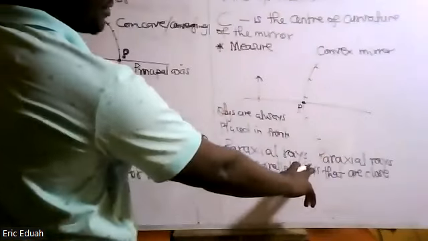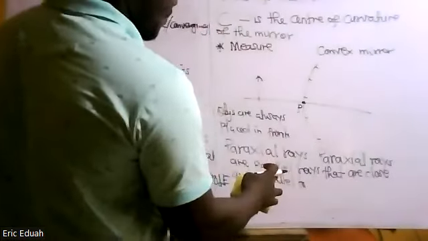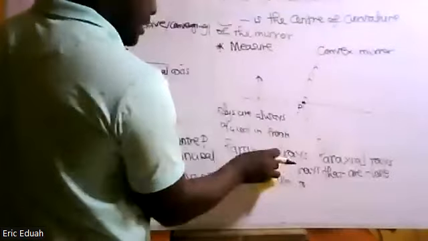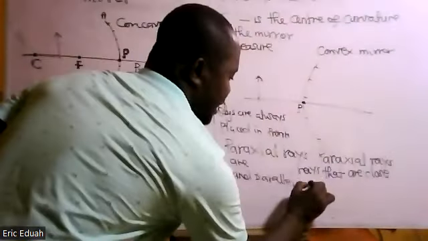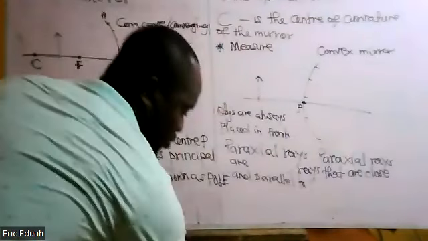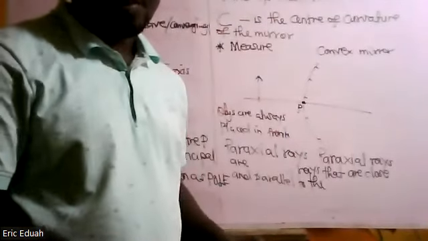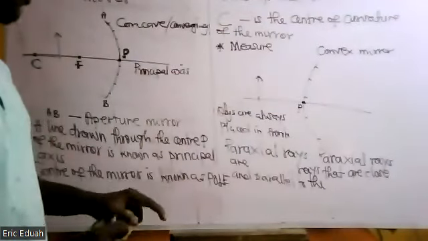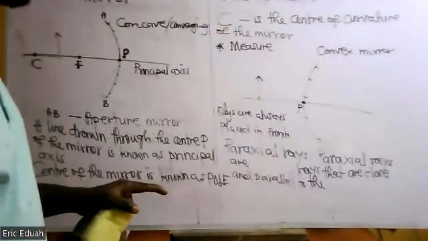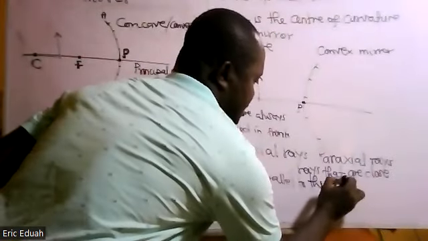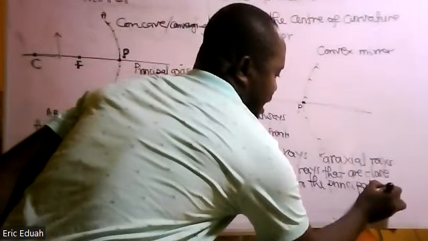So paraxial rays are rays that are close and parallel to the principal axis.